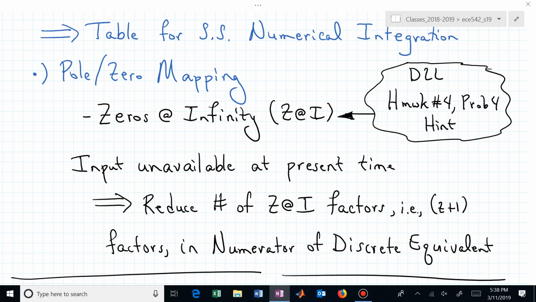And in fact, MATLAB always uses one less than what we use. So if you're comparing your answer to MATLAB and you're going, wait a minute, why do they just have one z plus 1 factor and I have 2? Well, that's just the way that they've defined or set up their discrete equivalent for pole zero mapping or matching.